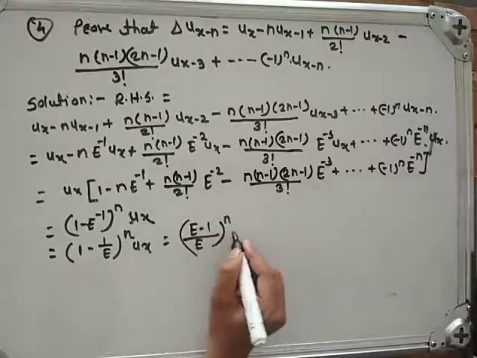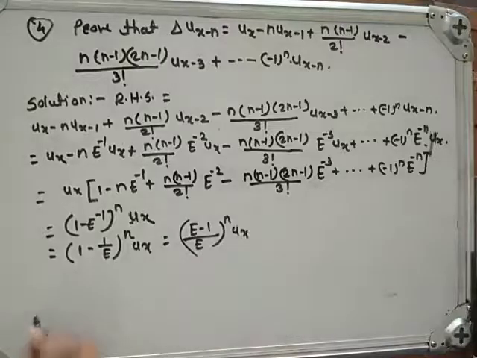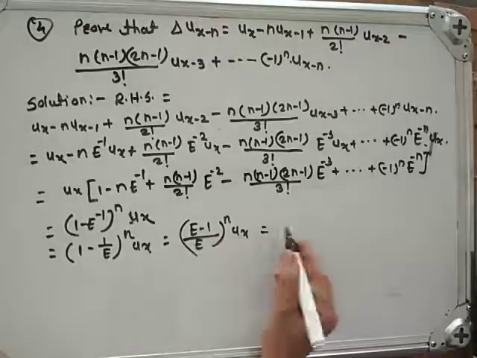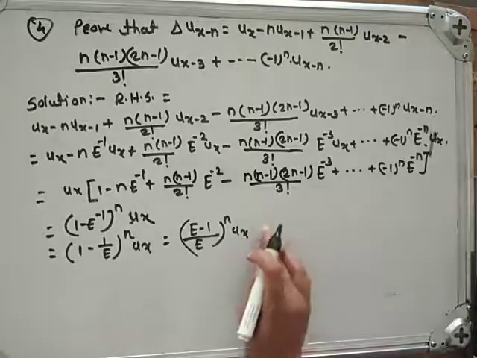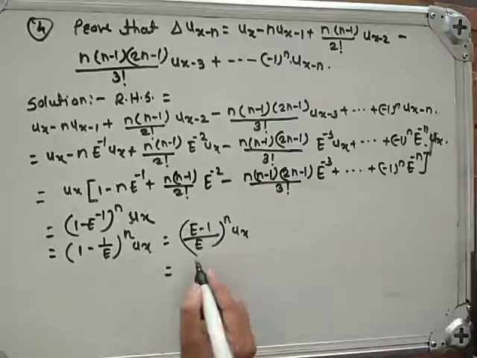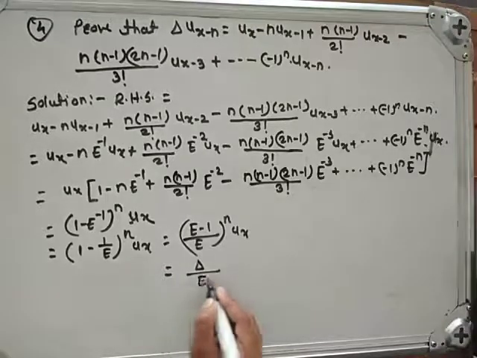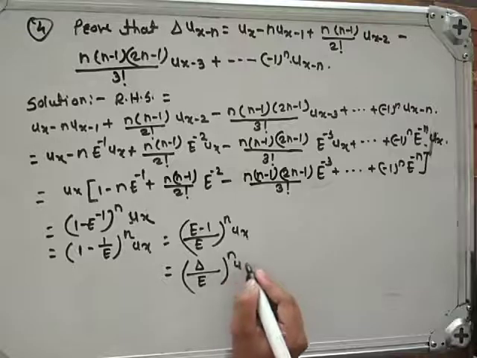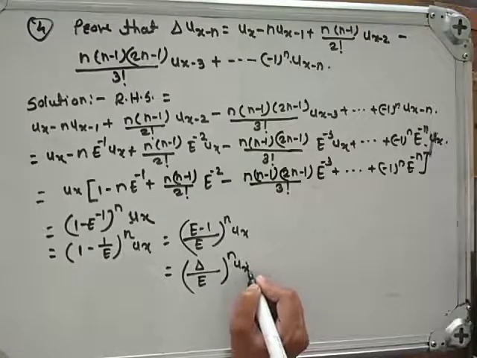raised to n into u_x, which is equal to e minus 1, okay, I will write here, e minus 1 is delta, upon e raised to n, u_x.